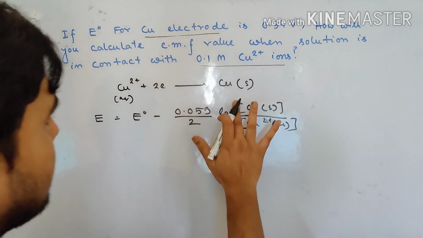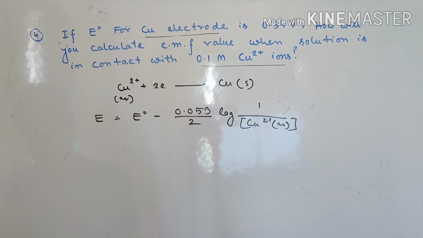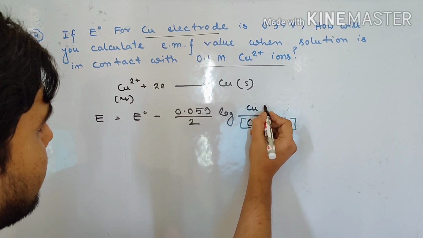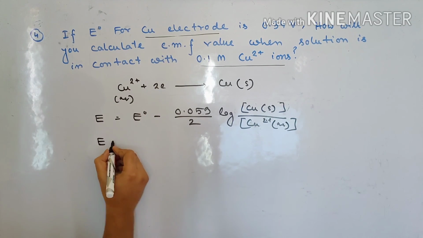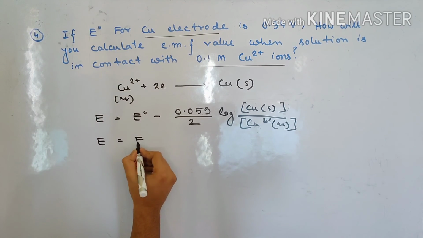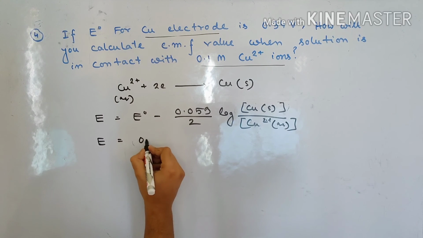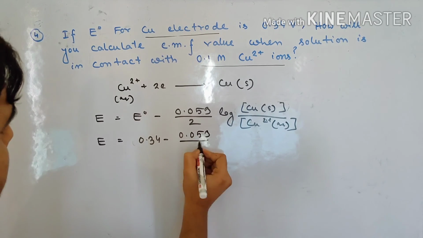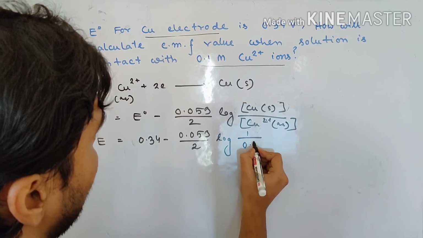We all know this value is 1 only, and this value is also given. So first thing first, we will write it like this only. In the next line, we can write E is equal to E0. E0 value is also given, 0.34 minus 0.059 by 2 log of 1 by 0.1, isn't it?